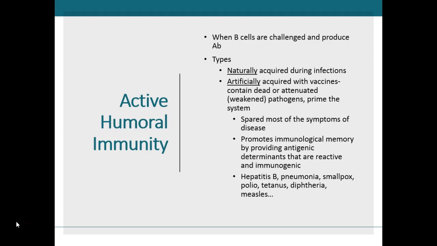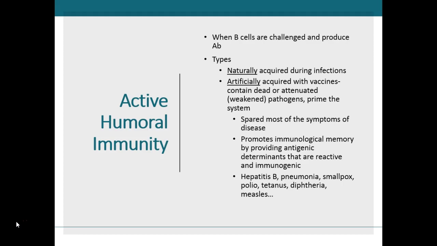So if you get the chickenpox, you develop those memory cells, and therefore next time you come in contact with the chickenpox virus, you have a naturally acquired immunity. Artificially acquired immunity is when we get those vaccinations. So we prime the immune system to develop those antibodies.